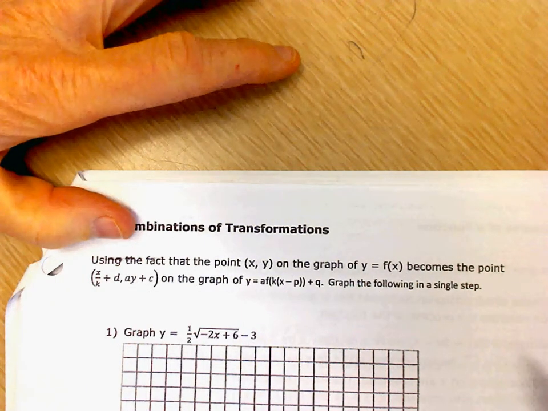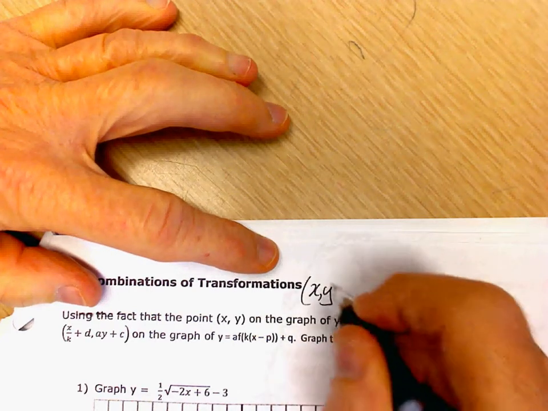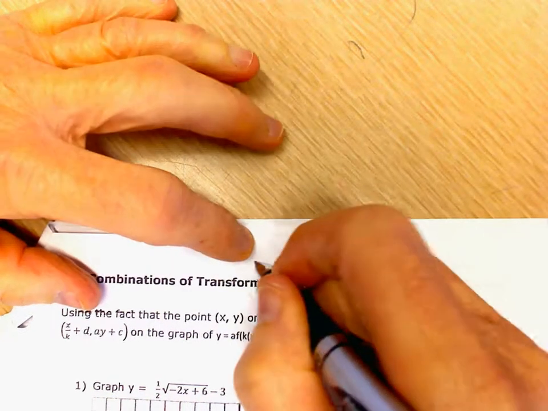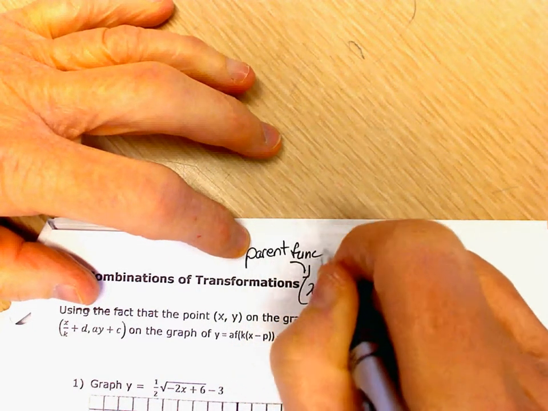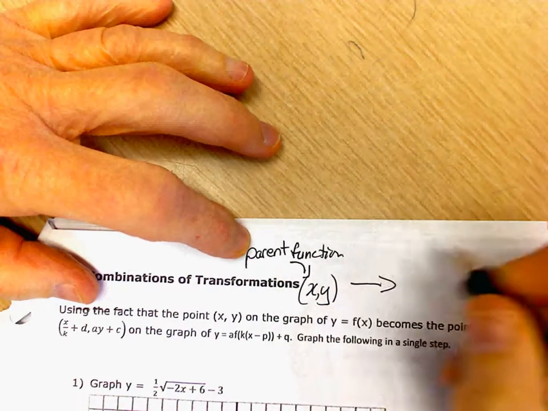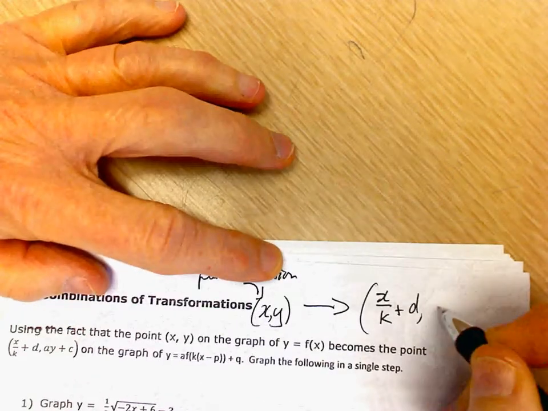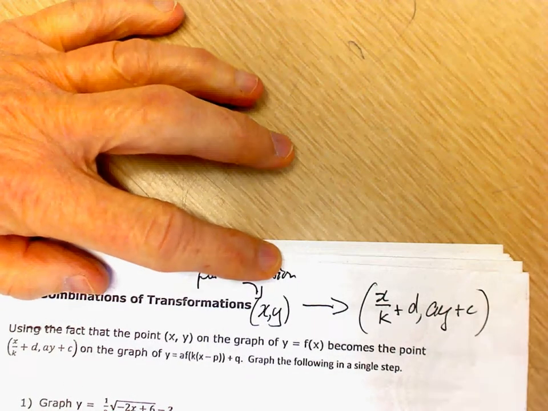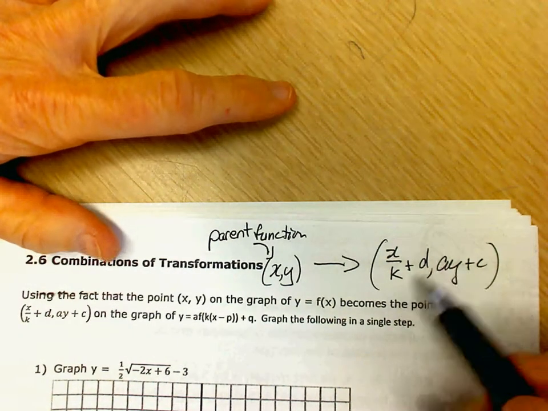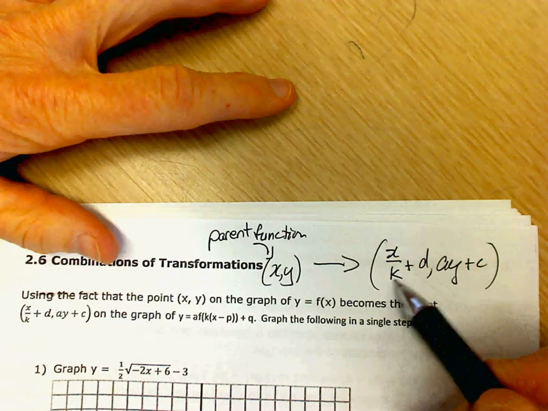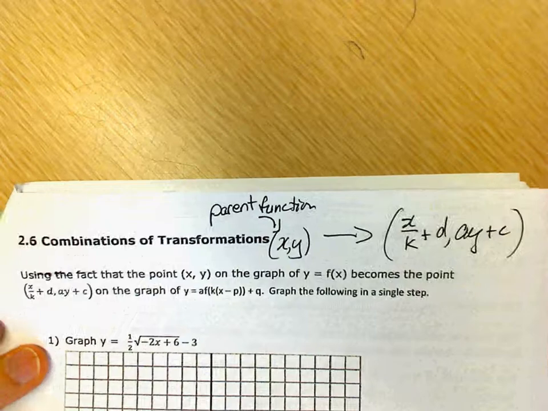So what happens is the point (x, y) on the parent function, or your basic function, becomes the point (x/k + d, ay + c) on the transformed function. So what we want to make sure is you can pick off the k, the d, the a, and the c. So let's look at this first equation.